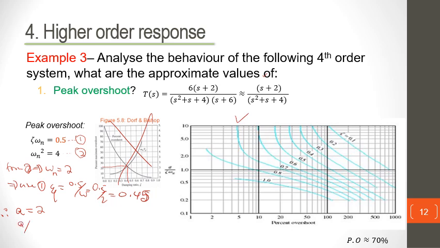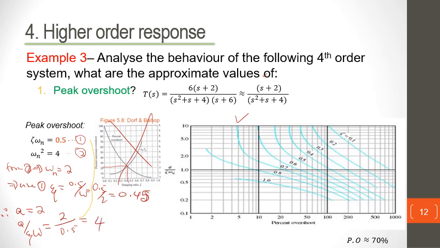So if we take a over ωn times the damping factor, we see that we'll have 2 divided by, from equation 1, if we take that from equation 1, we will see that this is 2 divided by 0.5, and this is simply going to be equal to 4.